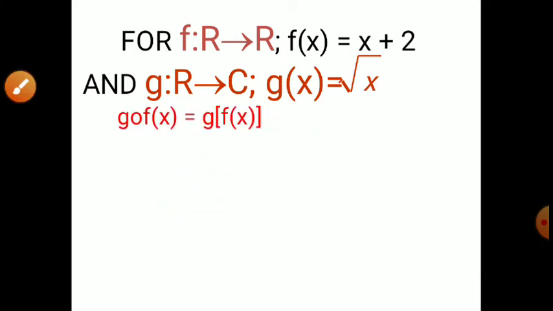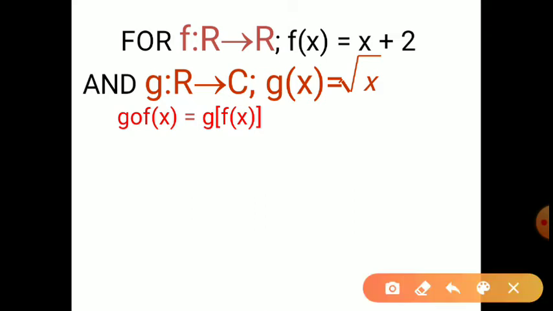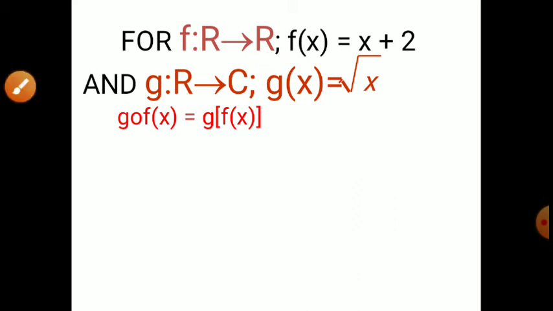Here you observe that f is a function from real numbers to real numbers, and g is a function from real numbers to real numbers. So g o f is possible, f o g may not be possible. So how do we find g o f?